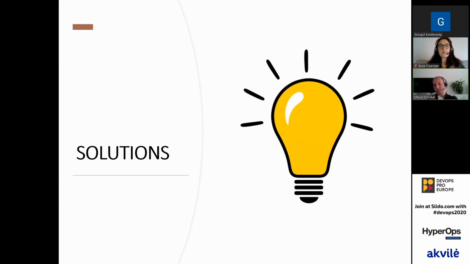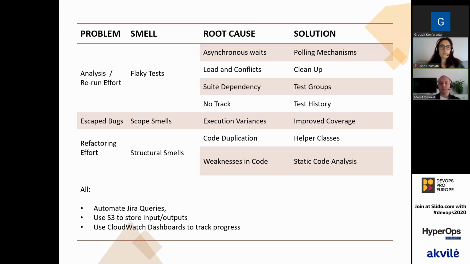So we started to investigate all the root causes, and we started to list the test smells which were causing these problems and situations. And then, one by one, to those smells and their root causes, we started to apply our solutions. So this is the table which summarizes the problems in a categorical view. Actually, we have three major categories of problems.